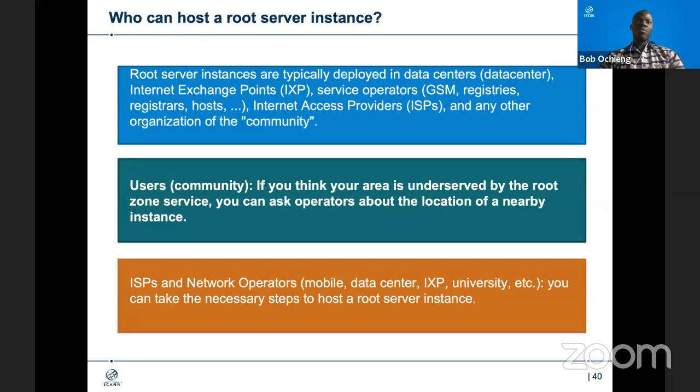But it is important to note that for the ICANN managed root server specifically, while it is not placed in an Internet Exchange Point, the host is required to peer with neighbors or to run BGP sessions so that other providers and other users can benefit from that particular resource.